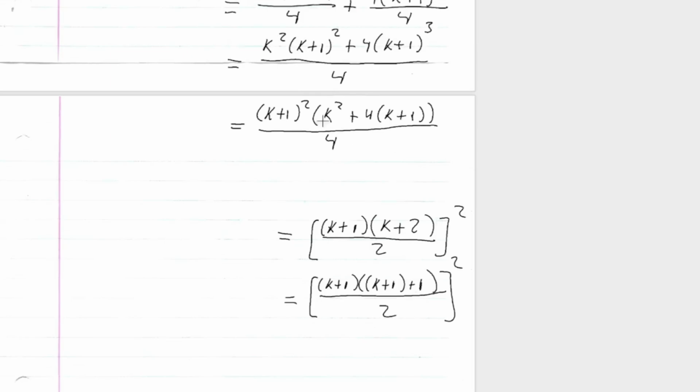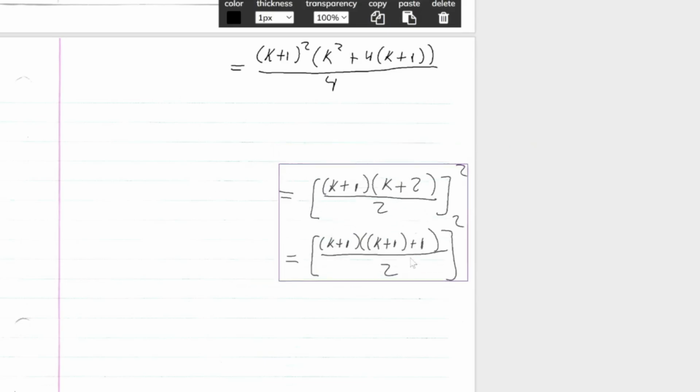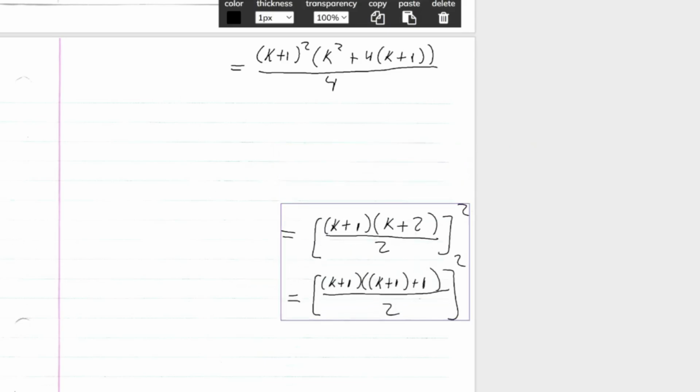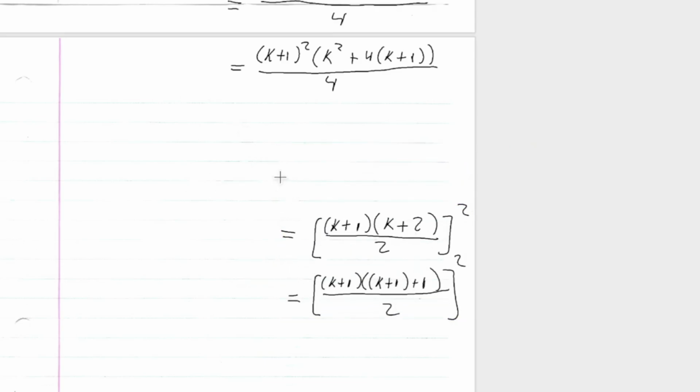So I know I have that k plus 1 squared, right? So this is equal to k plus 1 squared times k plus 2 squared all over 4.